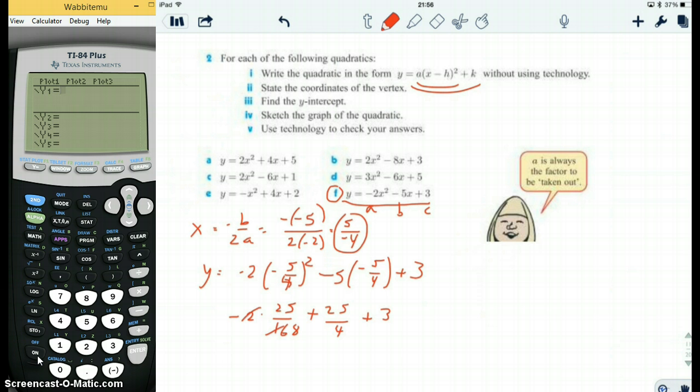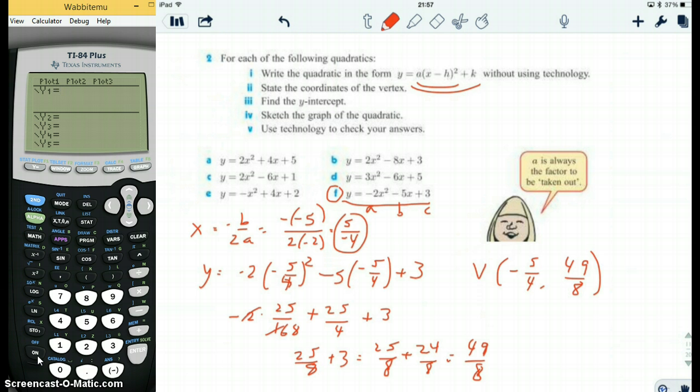So 25 fourths minus 25 eighths would give us positive 25 eighths, plus 3. 25 eighths plus 24 eighths, because 3 is 24 eighths, would be 49 eighths. Okay. So the y is 49 eighths. So the vertex is going to be negative 5 fourths, 49 eighths.